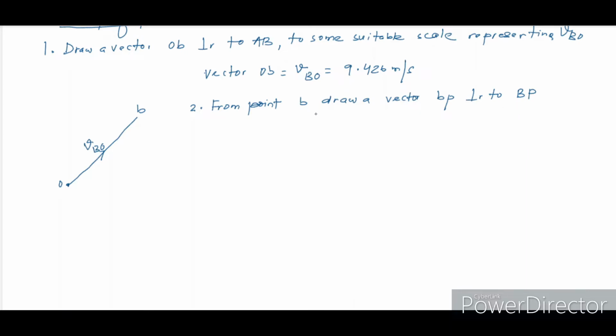So BP represents the velocity of P with respect to B. So from point B, draw a vector BP perpendicular to the connecting rod BP, representing velocity of point P with respect to B. Okay, so it will be VPB.